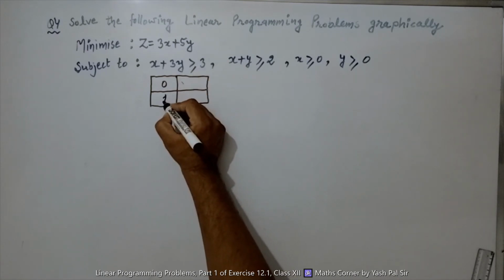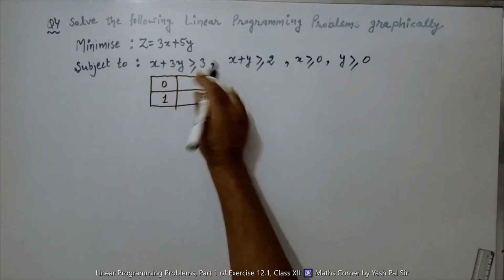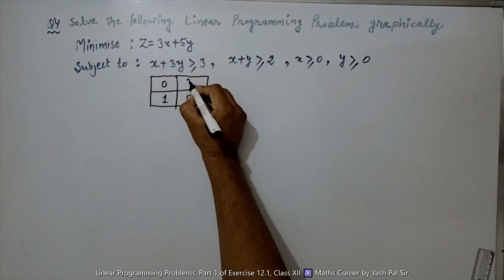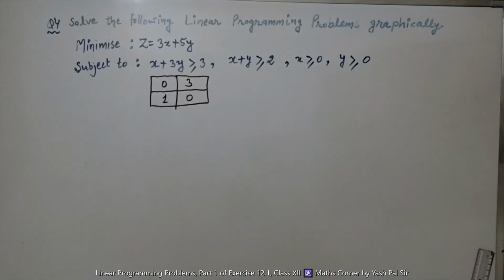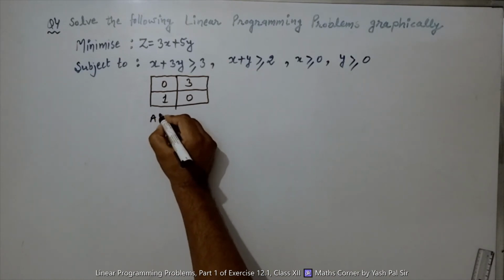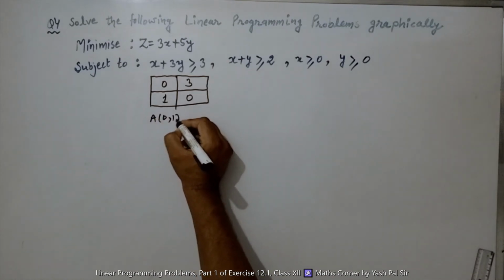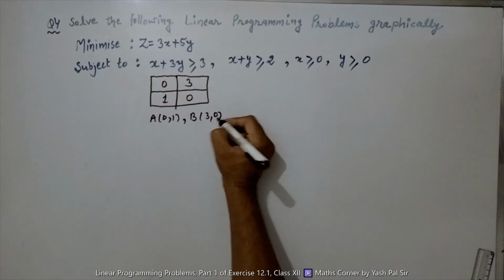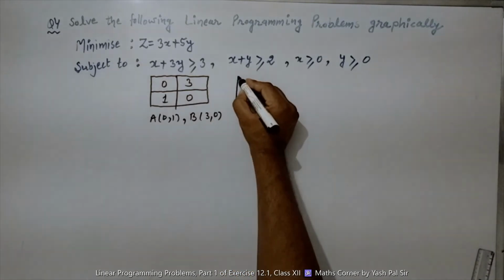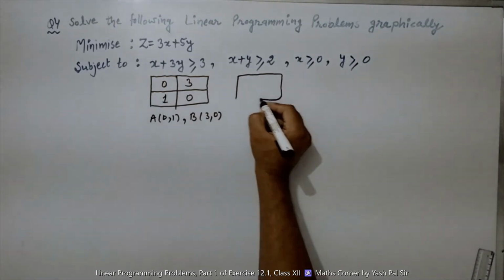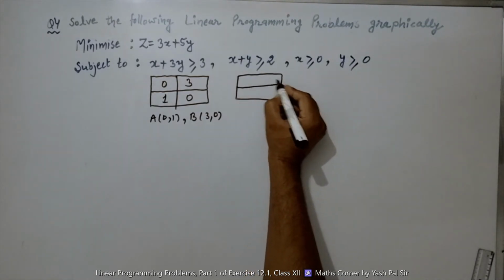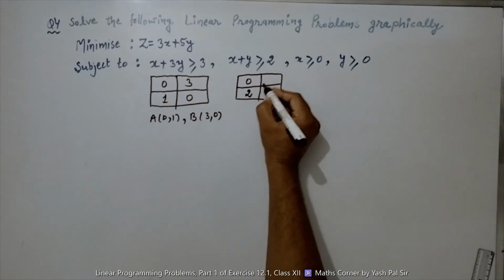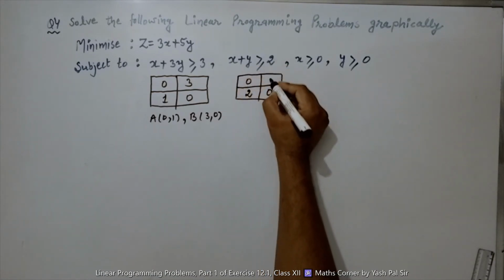When x is 0, then y is equal to 1. Similarly, if we take y is equal to 0, then x becomes 3. So A point is (0, 1), B point is (3, 0). Second inequality we have, the table becomes: when x is 0, y is 2.